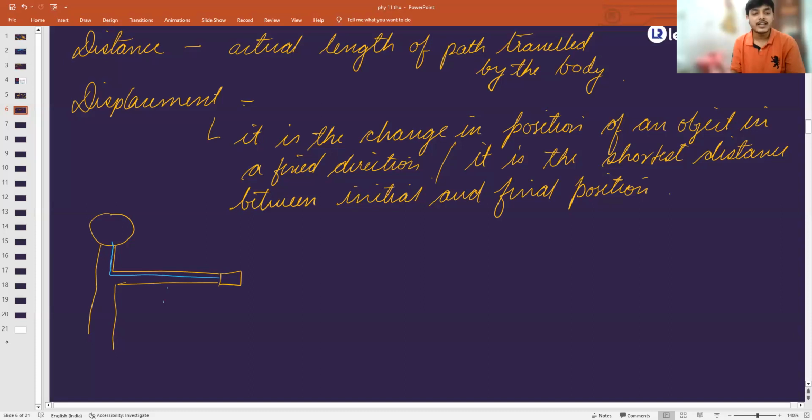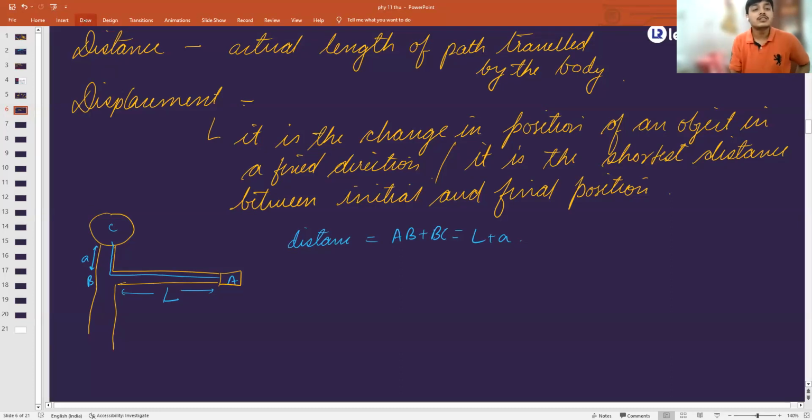So let us say that this length is L, this is distance A. What actual length did he travel? So what is the distance here? I'm marking the points. This is point A, this is point B, and this is point C. So distance is AB plus BC. This is actually what he traveled, L plus A.